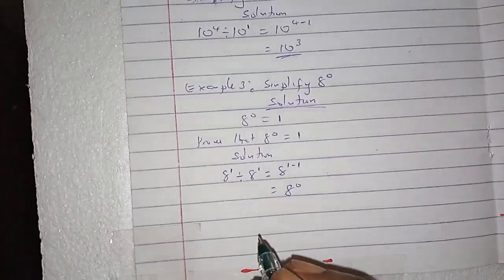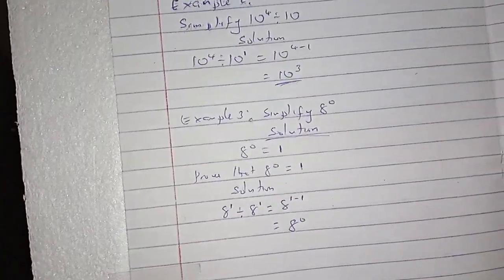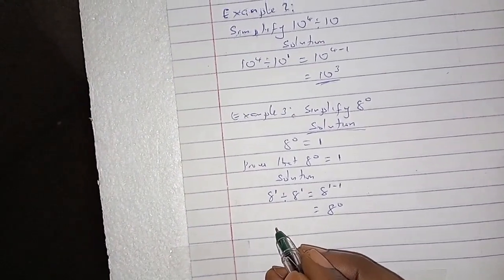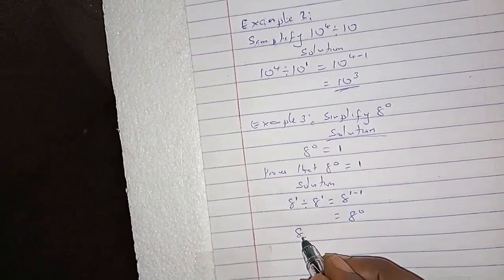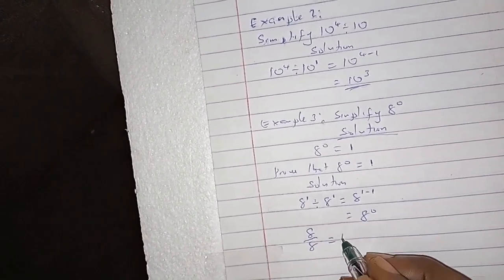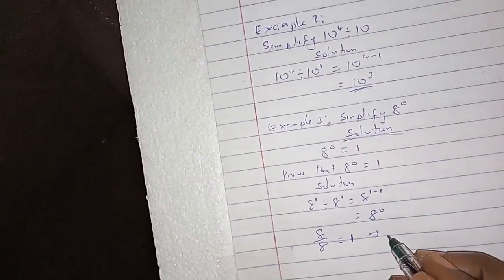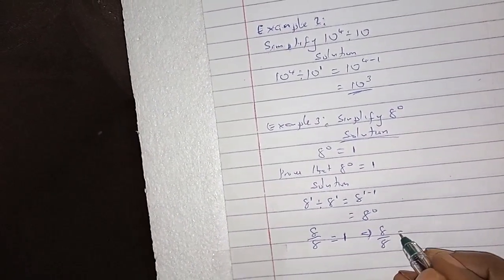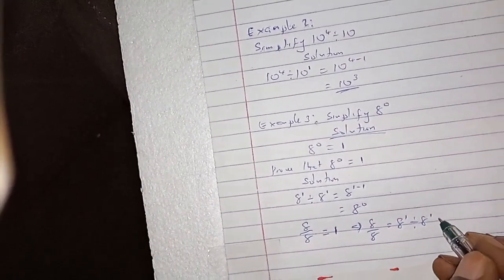Okay, having done that, we can also say that 8 all over 8, we all know that is equal to 1. Then this implies that 8 divided by 8 is equal to 8 raised to the power of 1 divided by 8 raised to the power of 1, which is equal to 8.